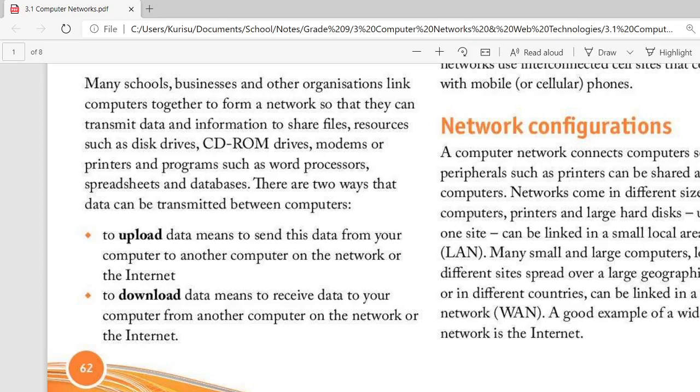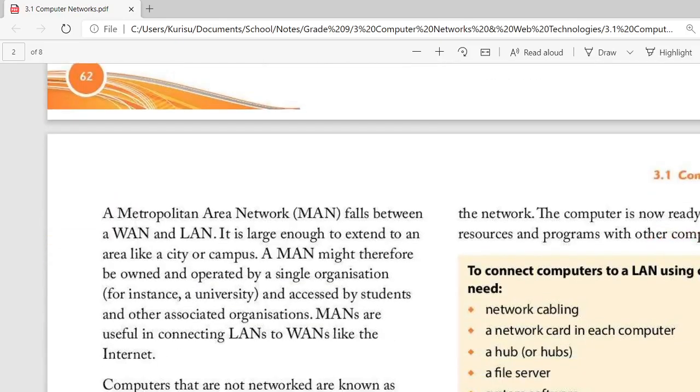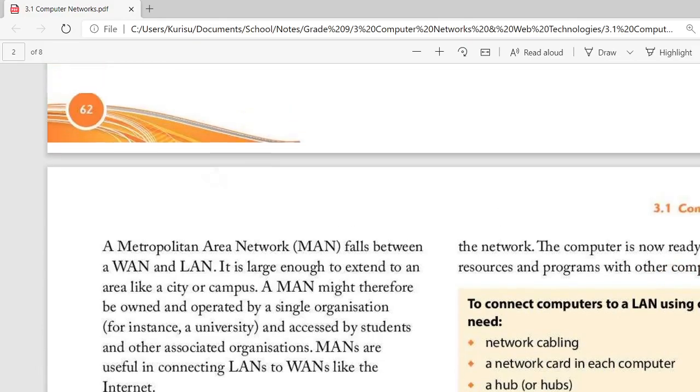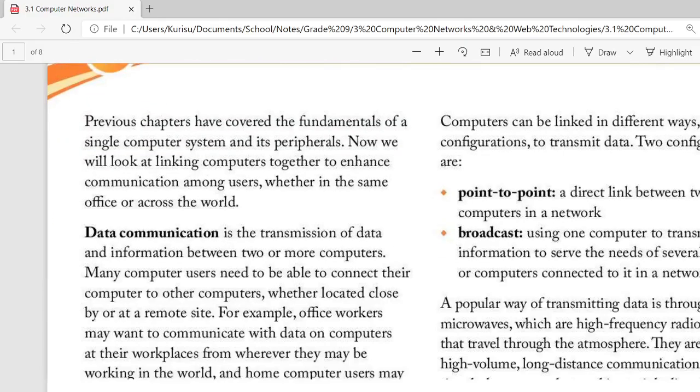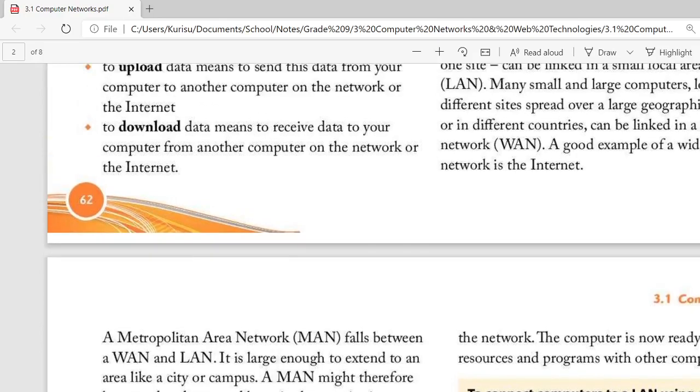So it's not only 2 devices in that personal area network. A local area network is larger than a PAN. It can be in a room or in a building or so on. Above a LAN, we have a MAN, which can cover multiple buildings, and a WAN can cover multiple countries. So the WAN is the largest.